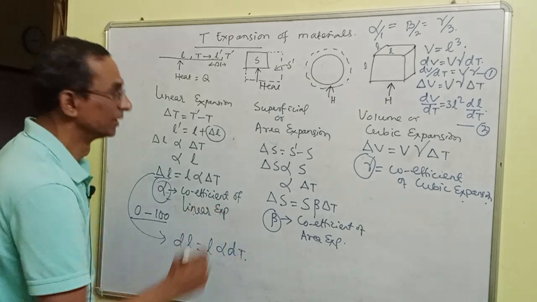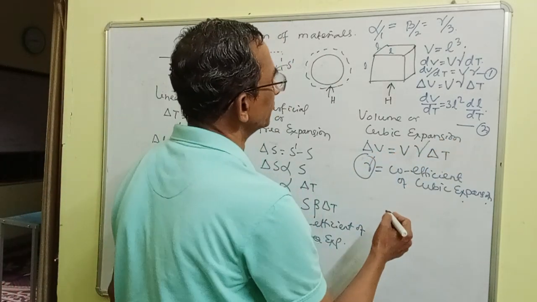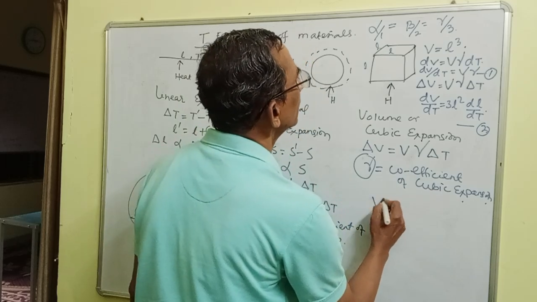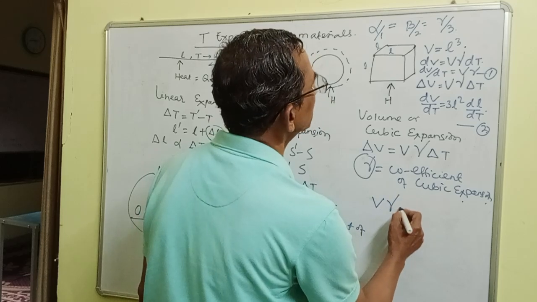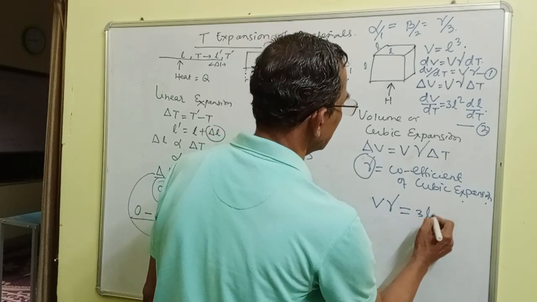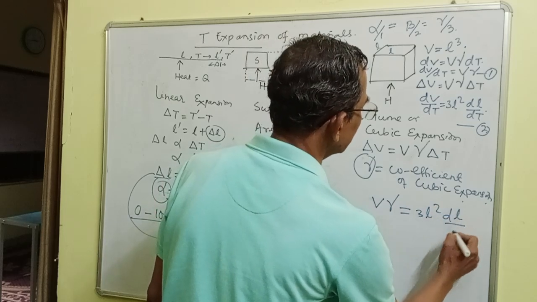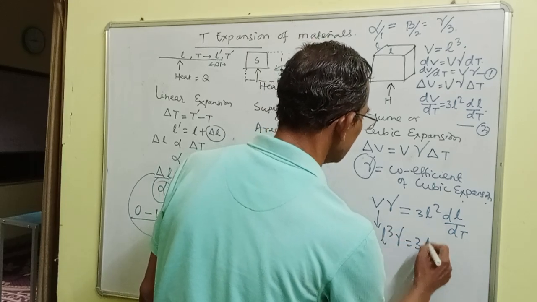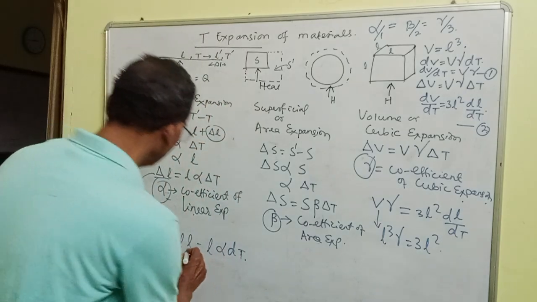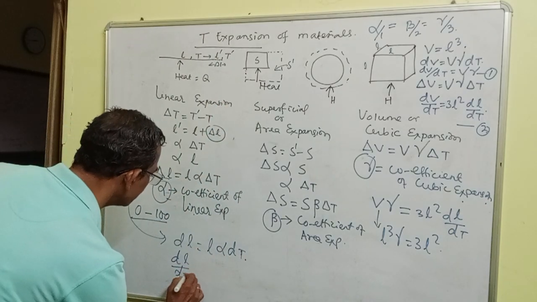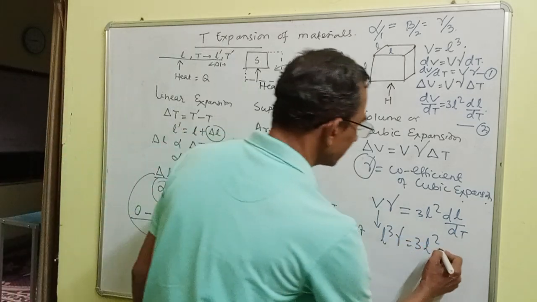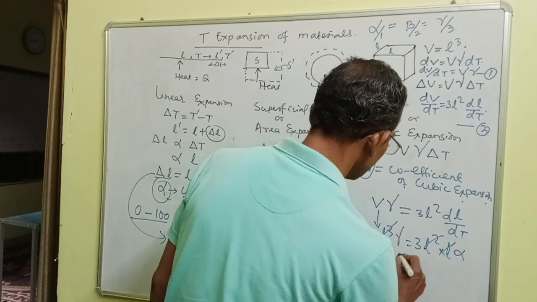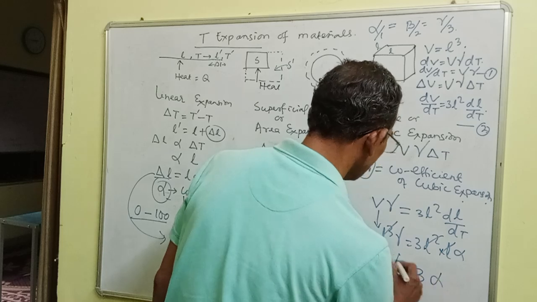Now we can write from equation 1 and 2 we get V gamma is equal to 3L square dL by dt. V is L cube, gamma is equal to 3L square times L alpha. Here L cube and L square cancelled. Gamma now became 3 alpha.